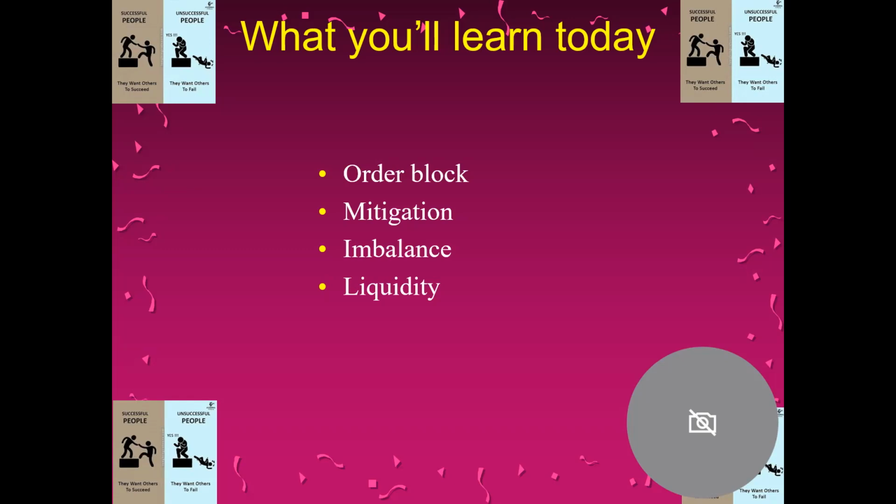So your big banks or your big trading institutions usually create these order blocks. They use these order blocks to identify the best areas to enter their trades and exit their trades. And that's what we do as well. That is basically the simplest explanation of an order block.